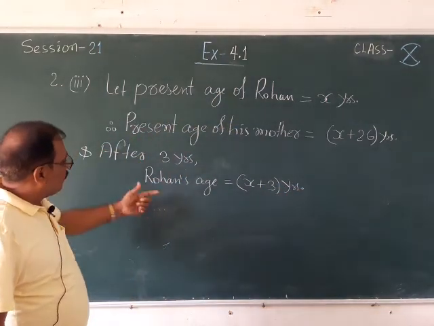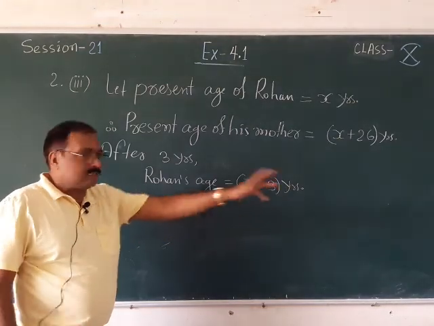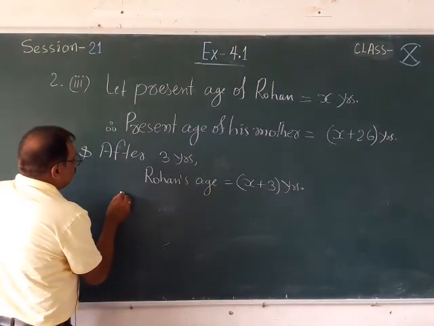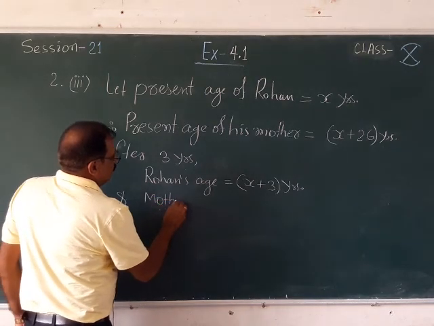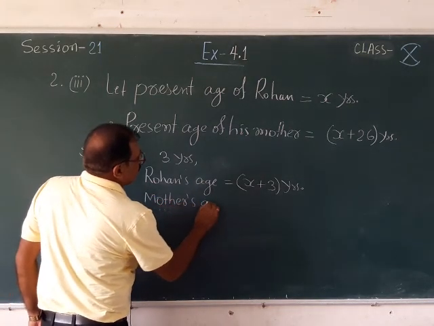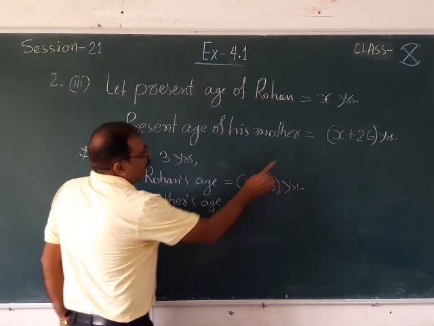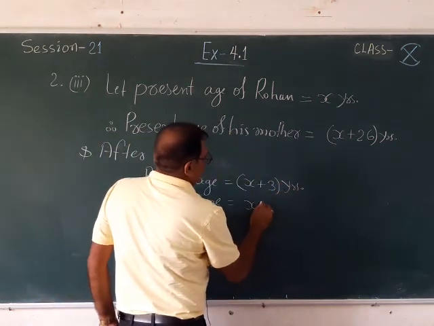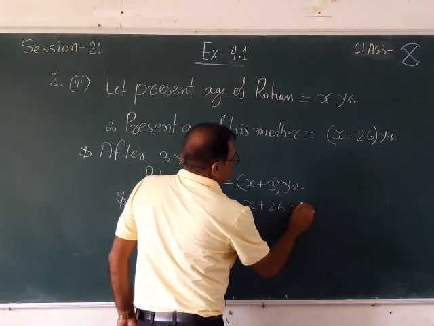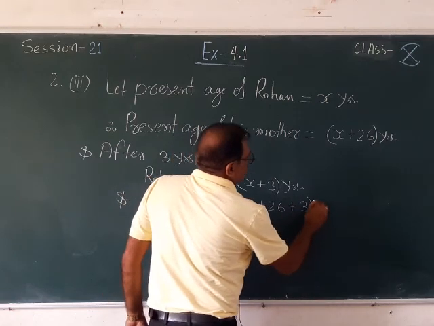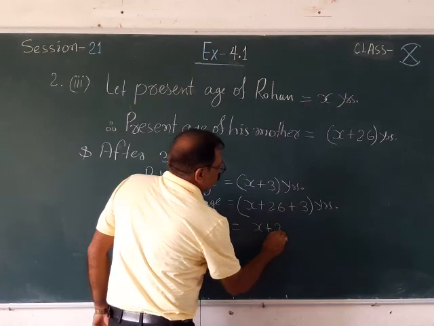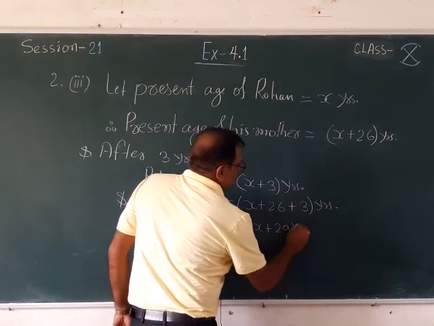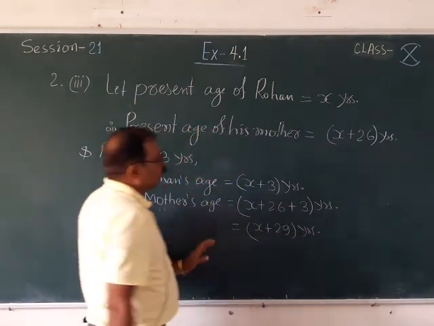So after 3 years Rohan's age will be x plus 3 years, and mother's age will be x plus 26 plus 3 years. That will be x plus 29 years.